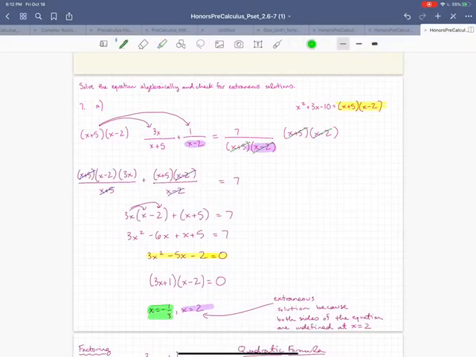So what we're going to do here is say this is a solution, and you can check by graphing or plugging x equals negative 1/3 into both sides.